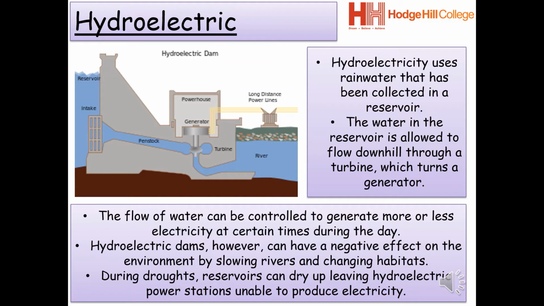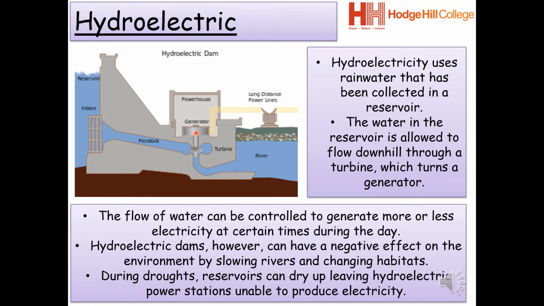Hydroelectricity. A hydroelectric dam uses the principle of falling water to produce electricity. So you normally have a reservoir, a turbine connected to a generator, and of course power cables. As the water changes height, there's a height difference, so its gravitational potential energy is converted to kinetic energy, and the turbine blades start to move.